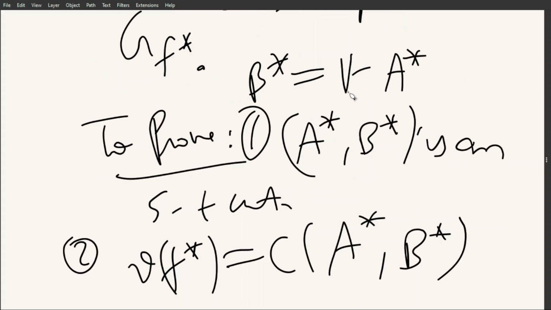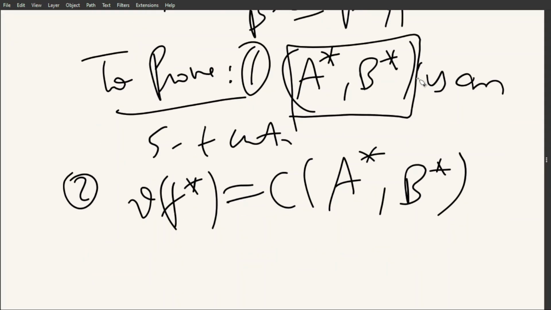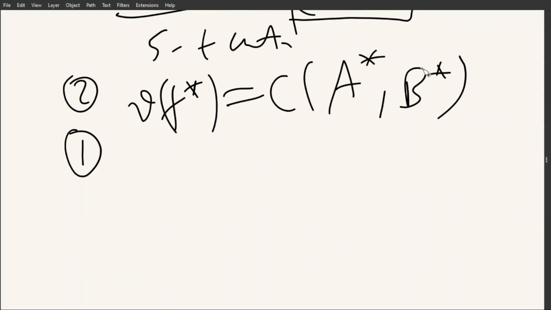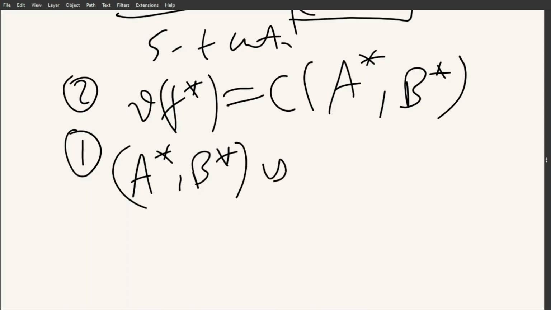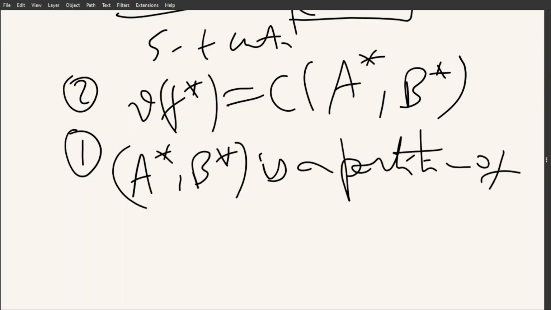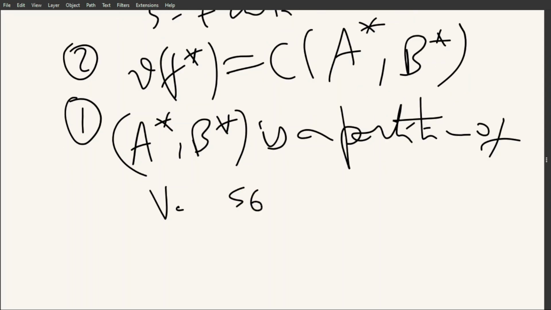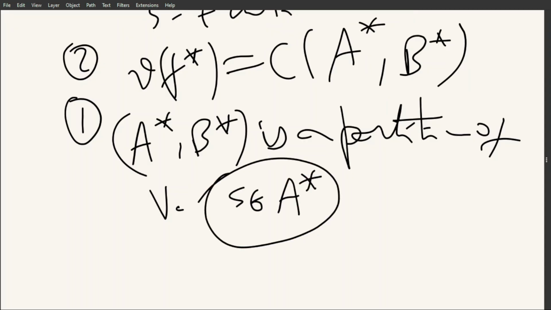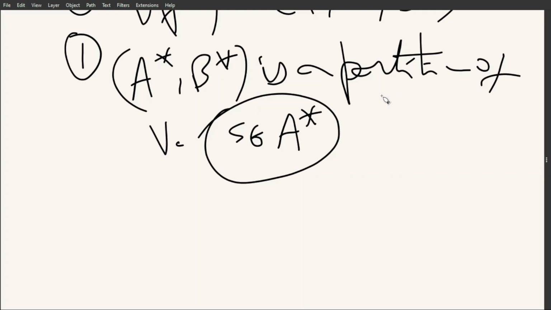First, we observe that A star, B star is a partition of V and S belongs to A star. So for one, just consider A star, B star is a partition of V, and we define A star such that S belongs to A star. A star includes all vertices reachable from S, so S will belong to A star, and also T does not belong to A star. Why?